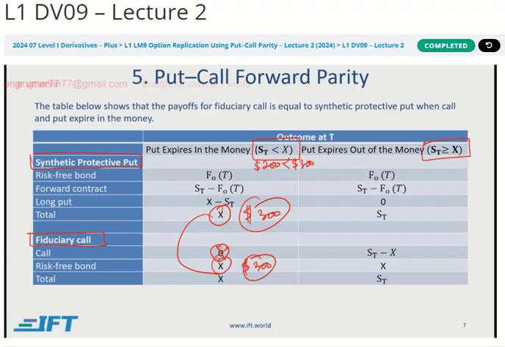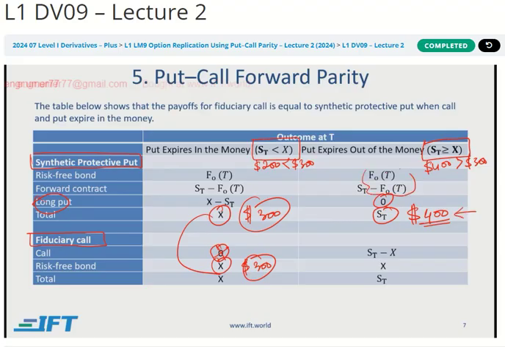And if the stock price goes up to 400, which is greater than 300, the put expires out of the money and the call expires in the money. In this scenario, your long put will expire out of the money, but you will still have the stock which you will sell for $400, or that forward position will give you a profit of $100, and you will have your $300 in your risk-free bond, so you will have your $400.